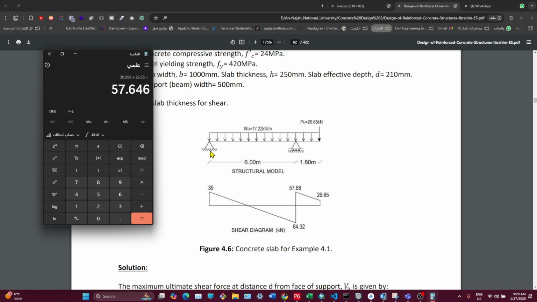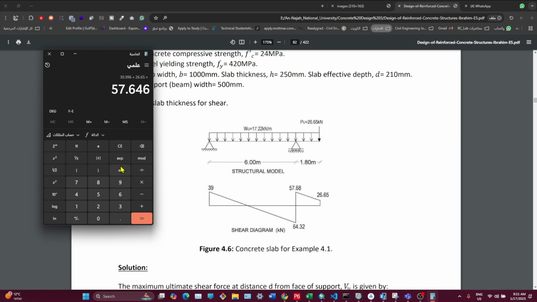Reaction is upward. Exactly. And in the same way, if we assume that we don't have this reaction, what will be the reaction in this roller support, upward or downward? Still upward. Exactly. Therefore, we have upward here.